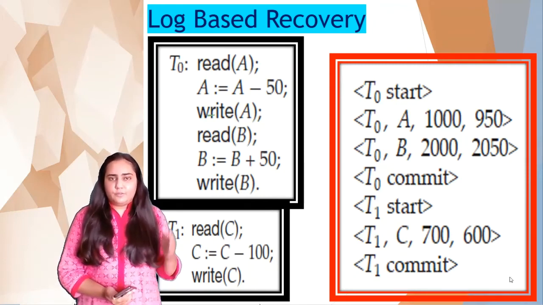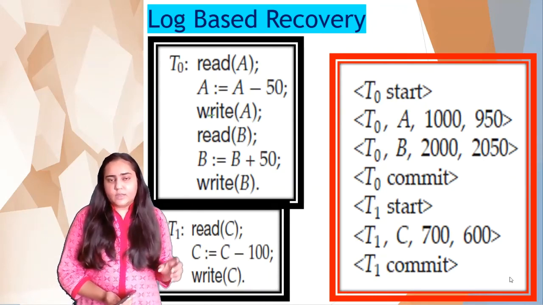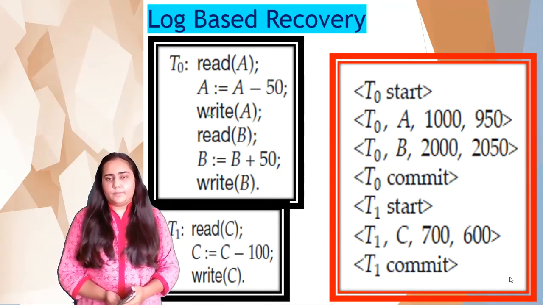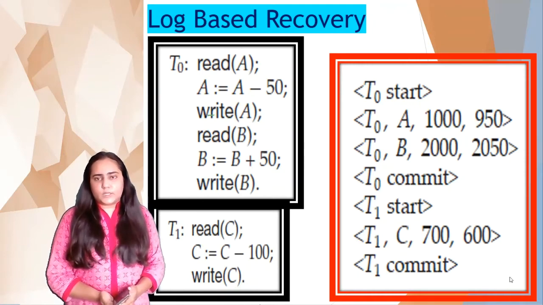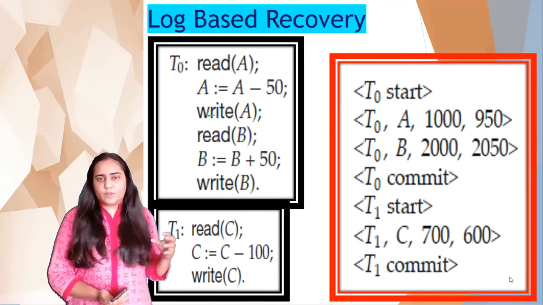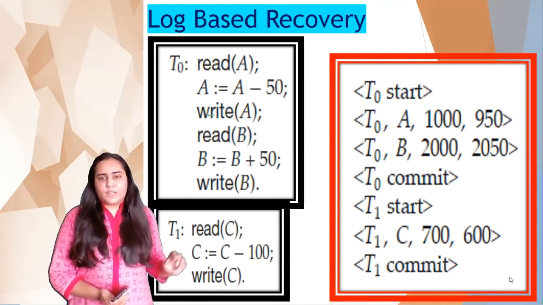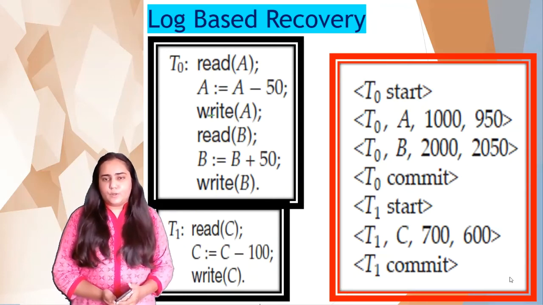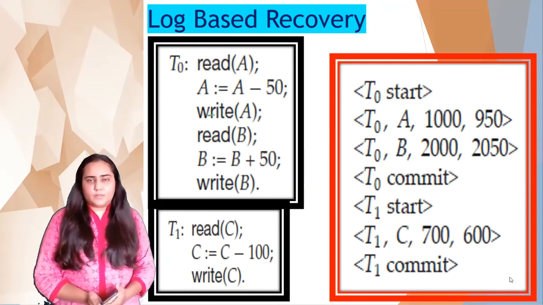And then if the transaction T0 successfully finishes all this, the log entry will be made, which is T0 commit. After that, let us say that T1 is starting. So we write down in the log T1 start, and assume that the value of C is 700. Then the new value is going to be 600. And finally, T1 will commit.